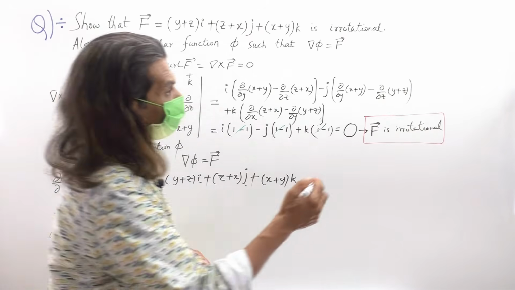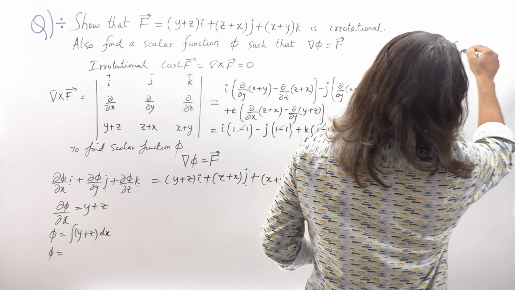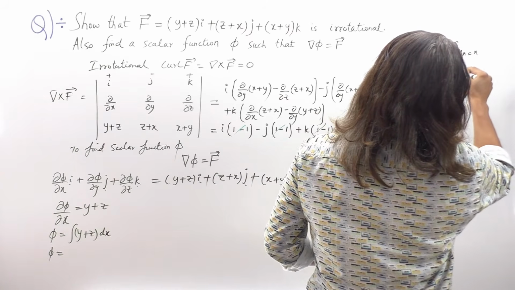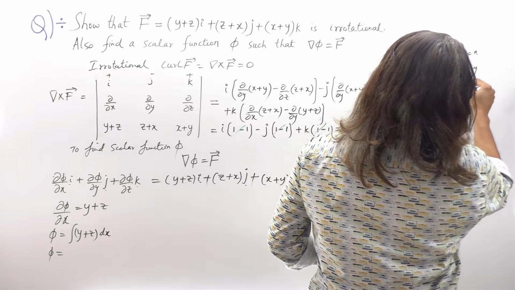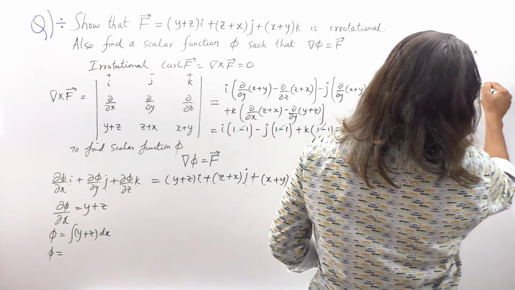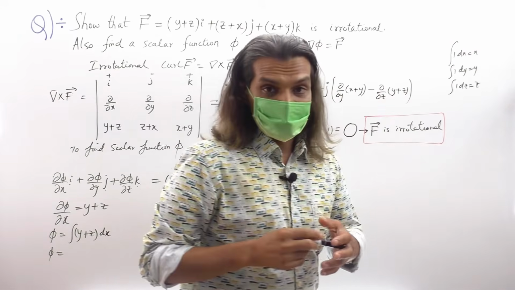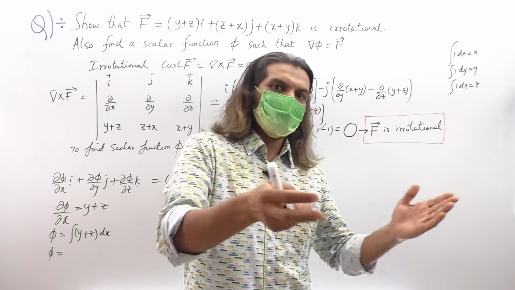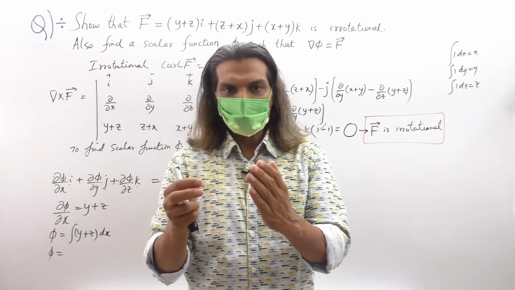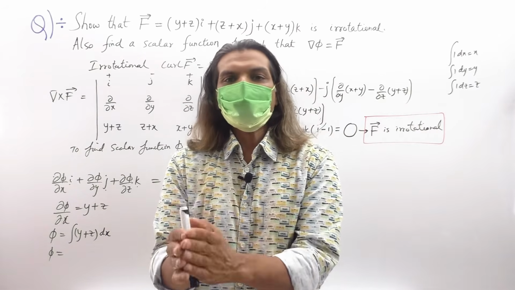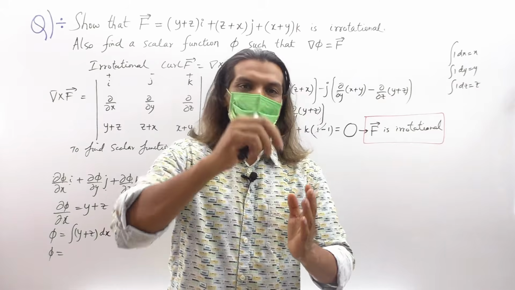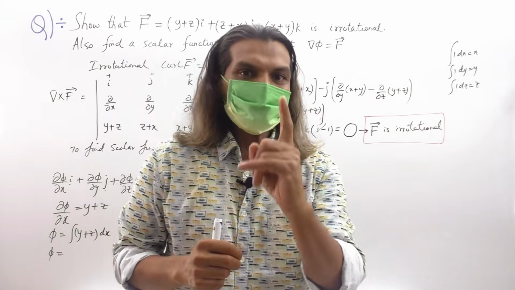As you know, integration of 1 dx is x. Similarly, integration of 1 dy is y, and integration of 1 dz is z, because integration of 1 exists. As we have been solving this in other units also, I keep on repeating: differentiation of x is 1, so integration of 1 is x. We are partially integrating here.